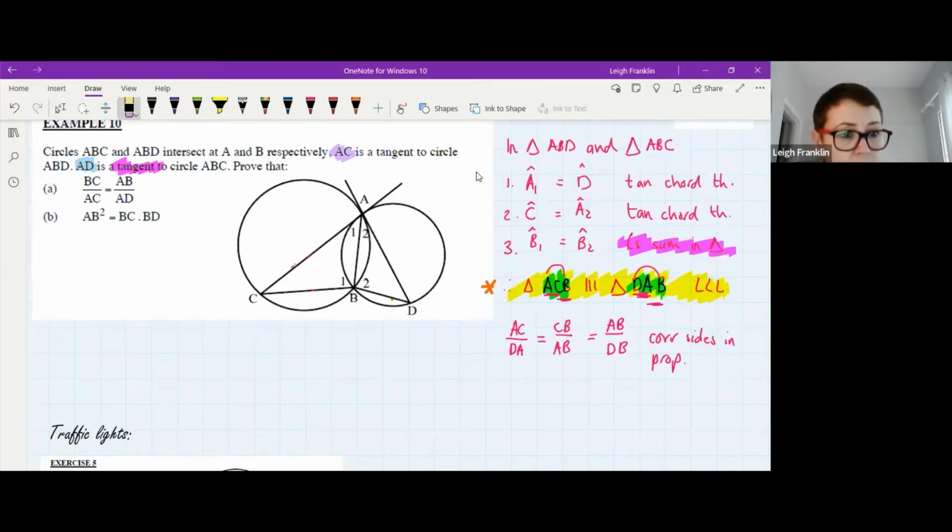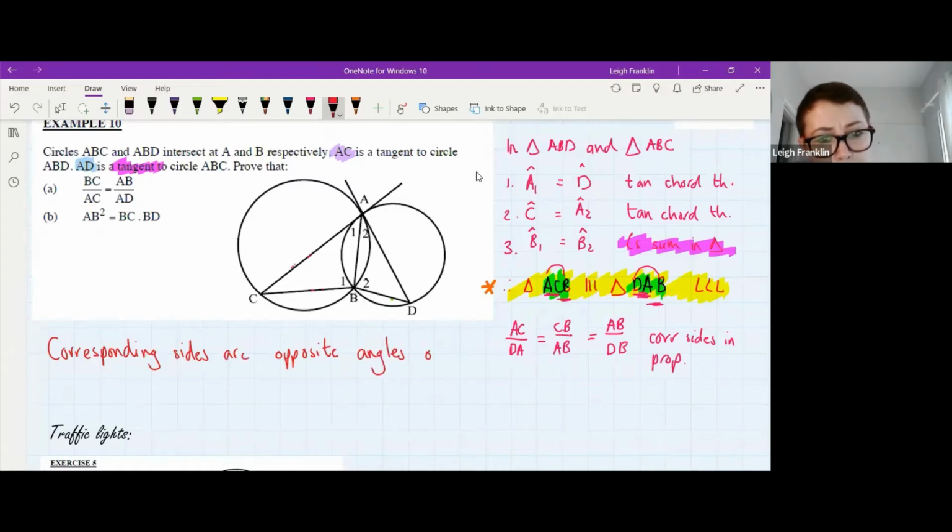Okay, so corresponding angles, corresponding sides are opposite angles of the same size.